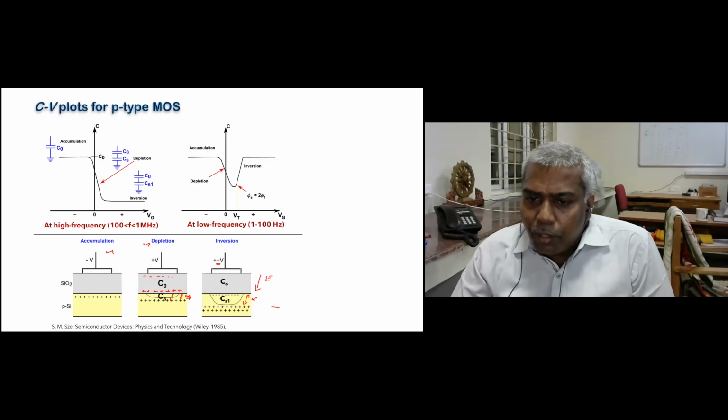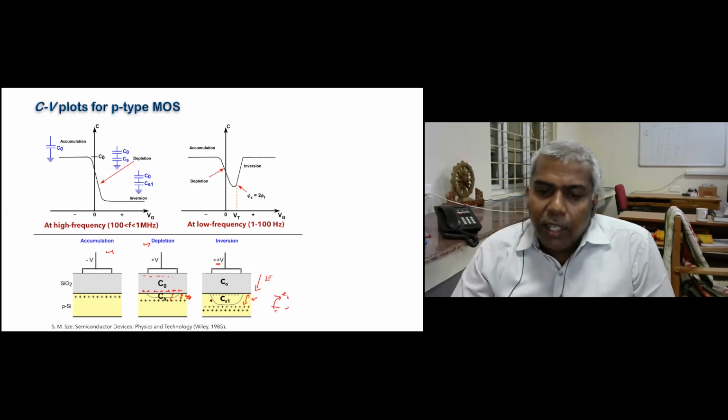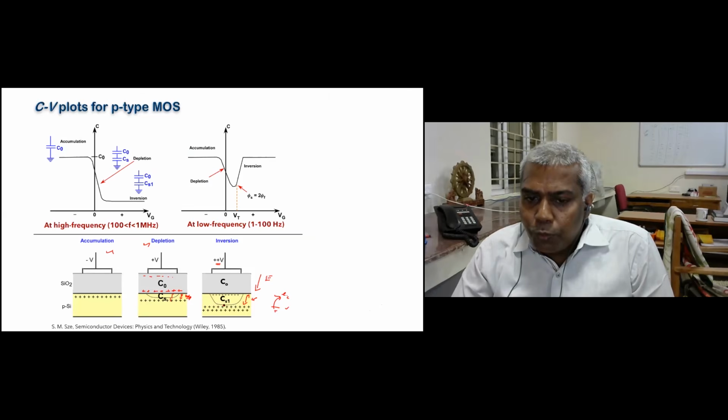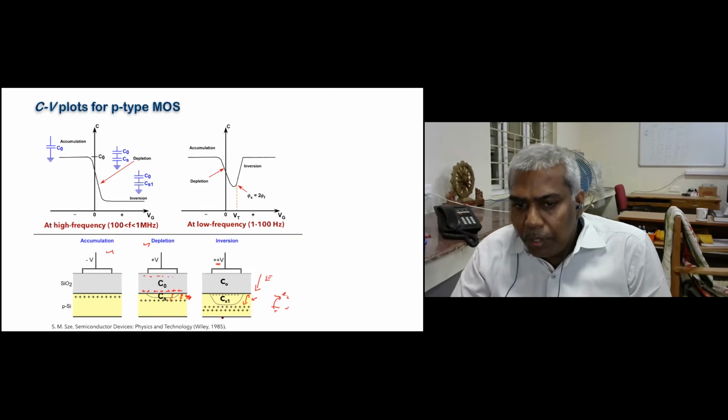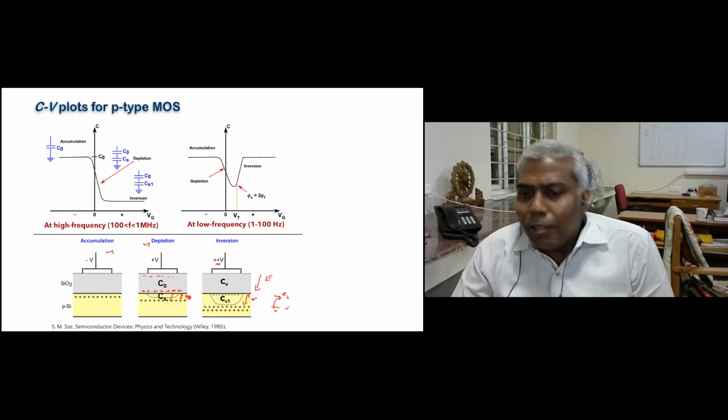Thermal electrons will be generated by jumping of electrons to the conduction band. If this is the conduction band, this is the valence band, it will develop positive holes and negative charges here. This negative charge comes here, and the positive holes will be pushed away. So that will be happening there.